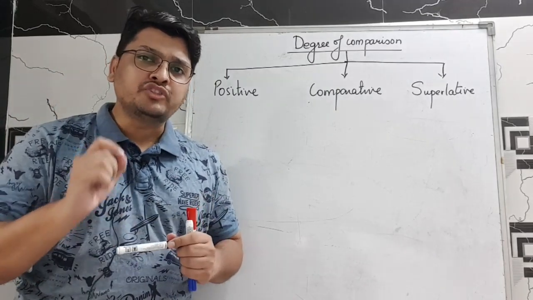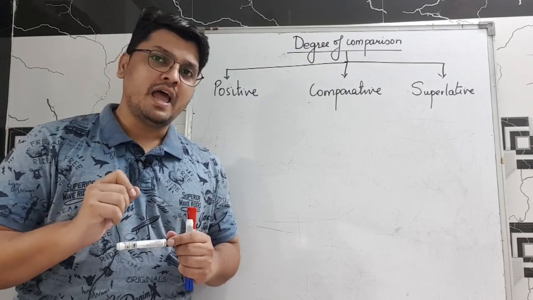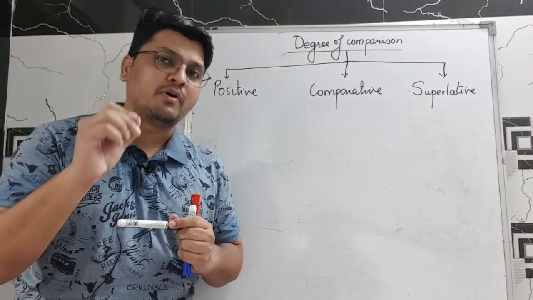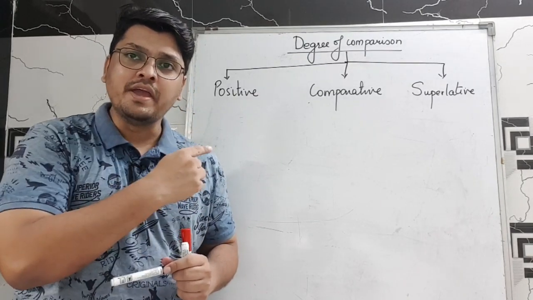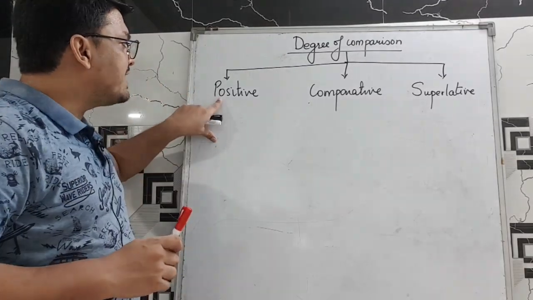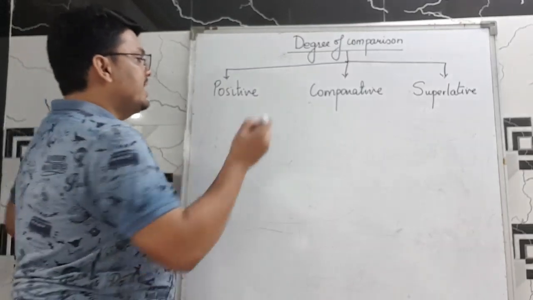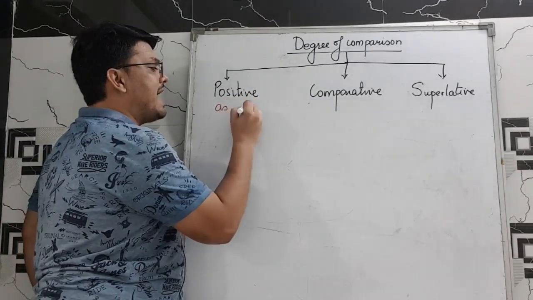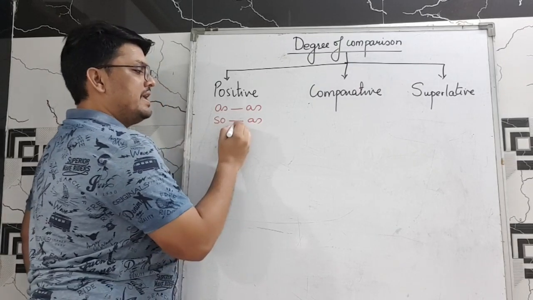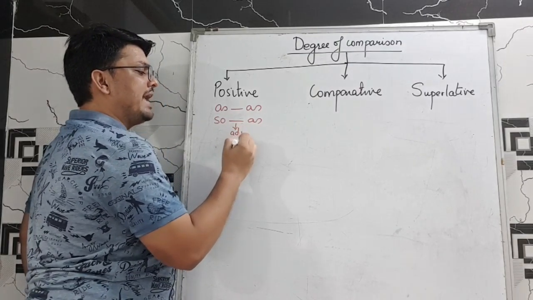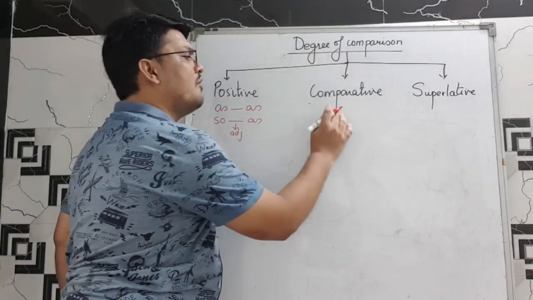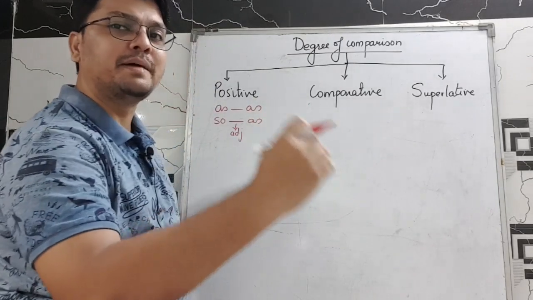Now student, the most important part is how will you identify that the given sentence is in positive degree? Now here I will give you the identification. In the sentence you will see as or so as. Here in the center, you will see an adjective. Same in comparative degree, how will you identify that the sentence is in comparative?